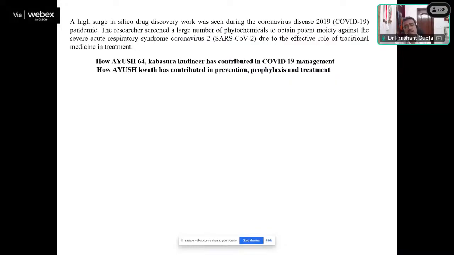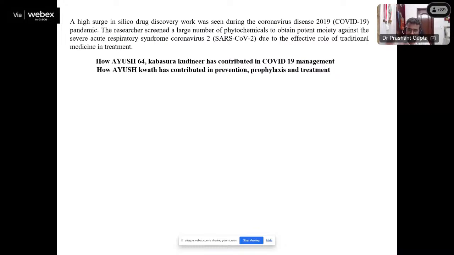And how Ayush Kwath has contributed to prevention, prophylaxis, and treatment, we all know now, because at least millions of people have taken that Ayush Kwath. And on the eSanjeevani portal, when I published that paper, it was 1.2 crore people who had given their feedback on that Google form.